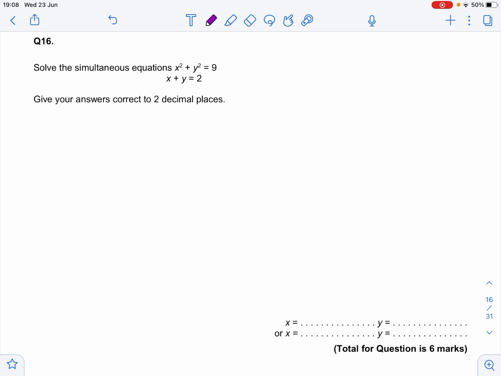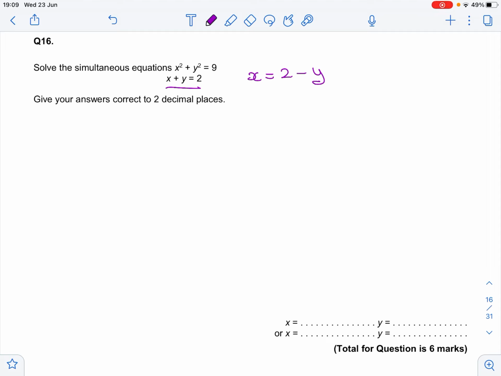Okay, solve the simultaneous equations. So here we have a quadratic and a linear equation. The step to do this is that we need to firstly rearrange the linear equation into x equals 2 minus y. To do this type of simultaneous equation, we need to substitute the linear equation into the quadratic.